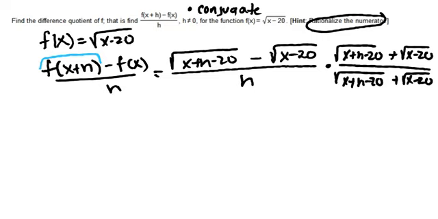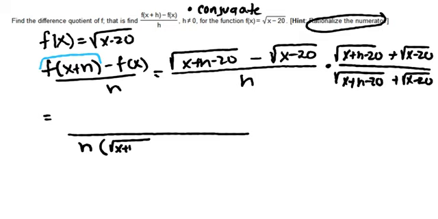So we're going to multiply by the conjugate, and in the denominator, we want to leave this expression in the factored form. So in the denominator, I'm going to leave this as h times that conjugate, square root of x plus h minus 20 plus square root of x minus 20.